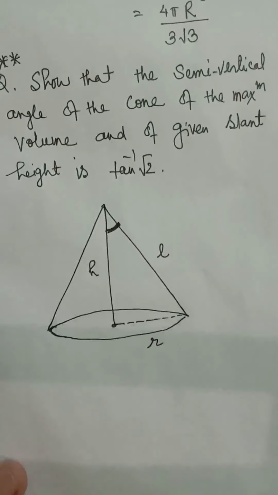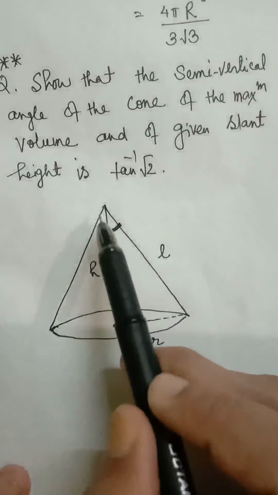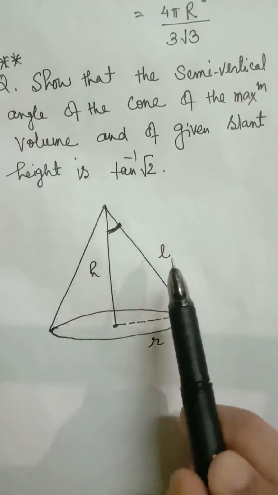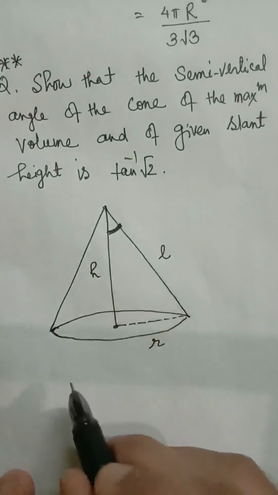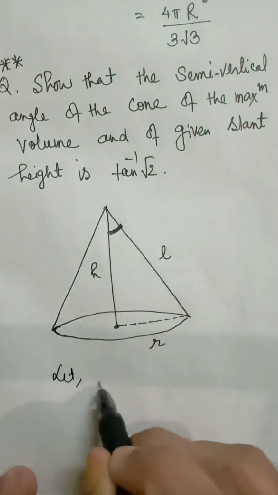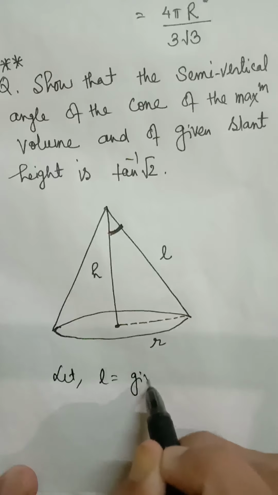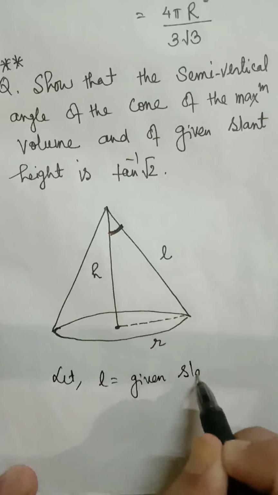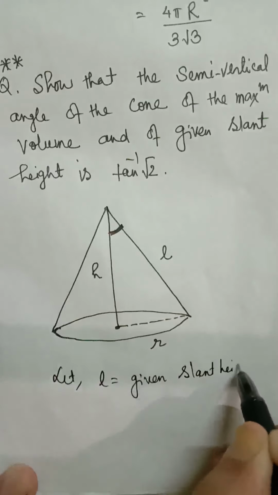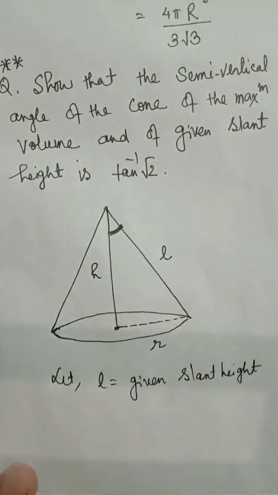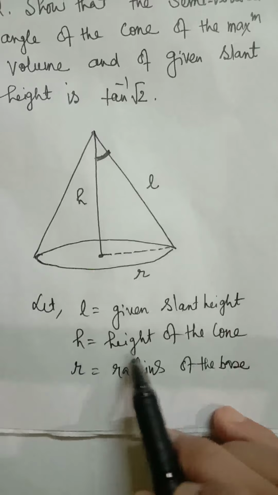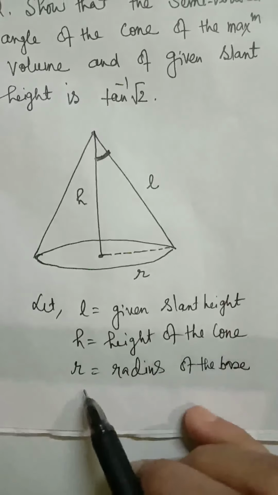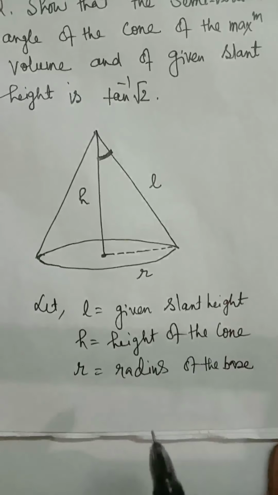So let us write, given slant height be L. Given slant height means we have to consider this as constant. So let L equal to the given slant height of the cone. We have assumed that h equal to the height of the cone and r is the radius of the base.